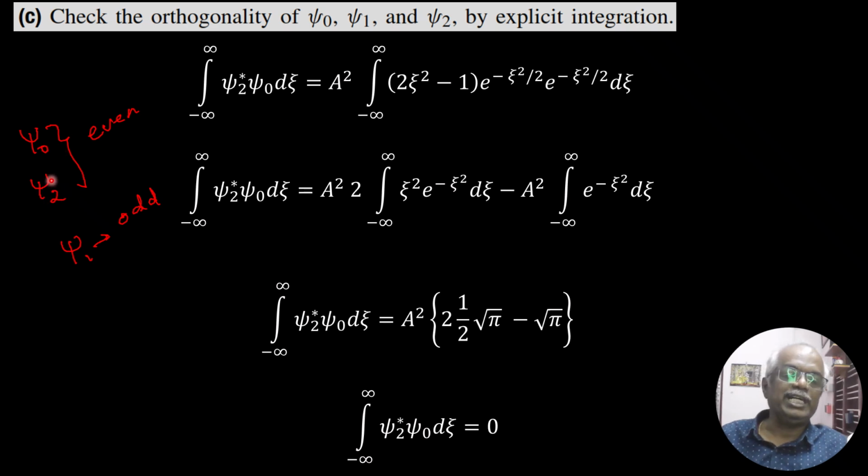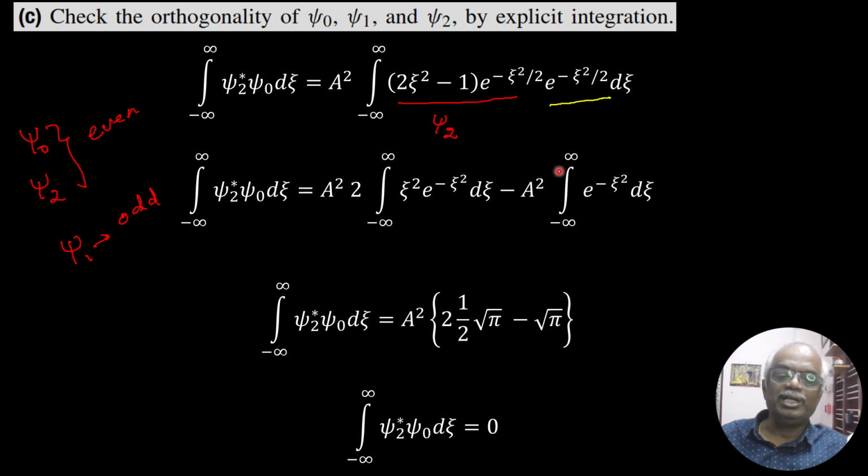Now you take psi 0 and psi 2. So the integral of psi 2 star psi 0 dz is equal to a squared times the integral. This is psi 2: 2z squared minus 1 multiplied by this exponential term. And psi 0 is this one: e power minus z squared over 2.